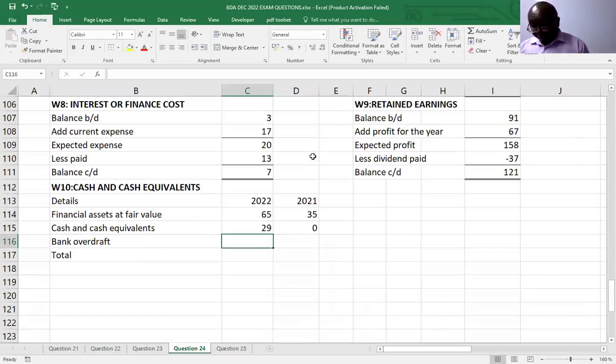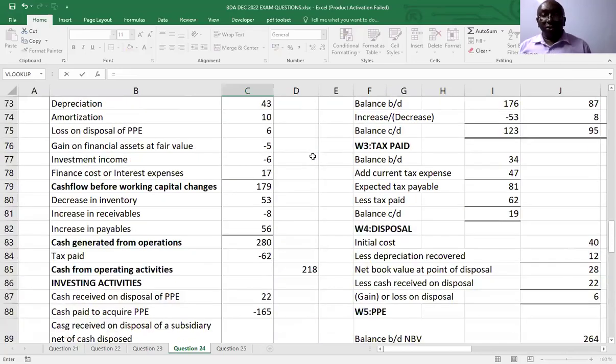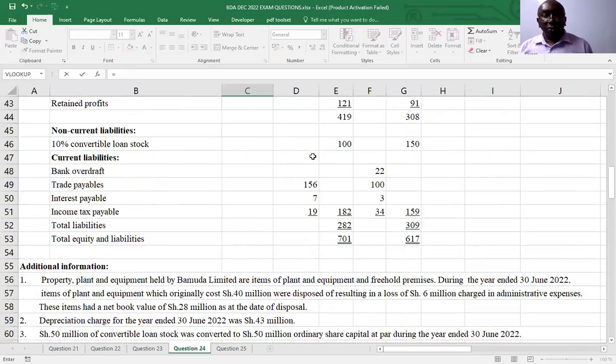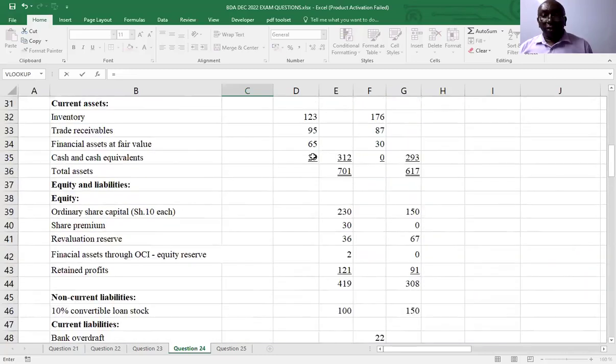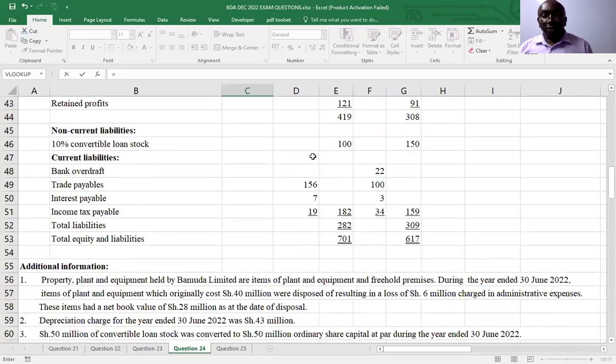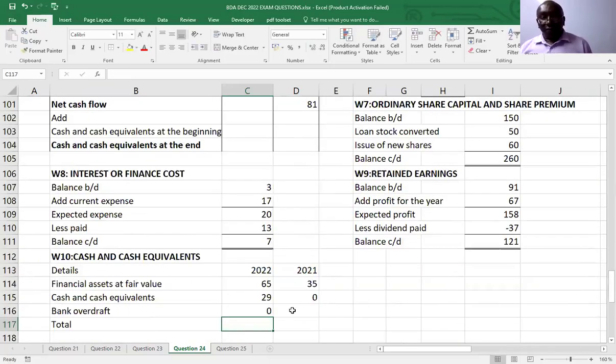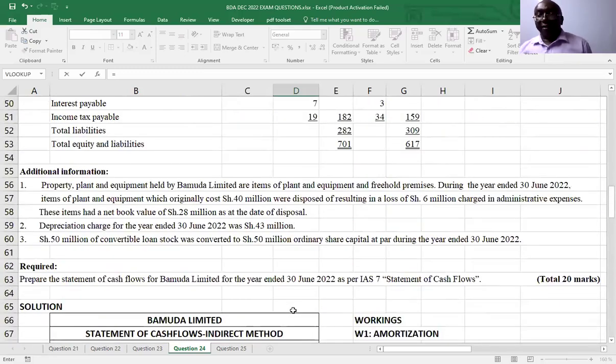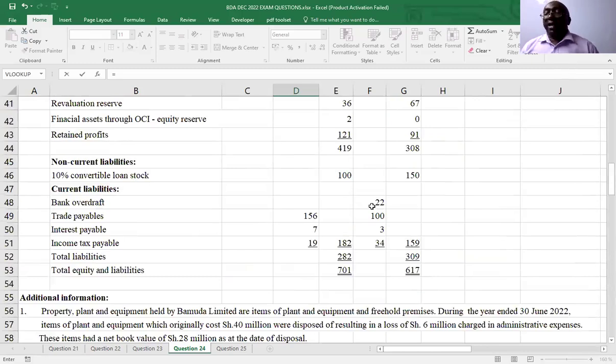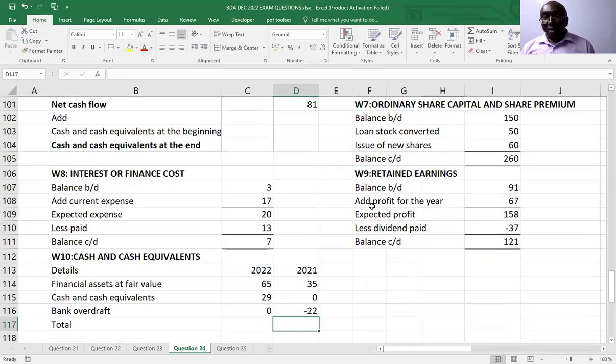Then bank overdraft for the year 2022 is 0. But for the year 2021, there was an overdraft. Now, this overdraft comes in as a negative because ni pesa tulichukua. So pesa yetu ikiingia wanangoa haraka. So it should come in as a negative.